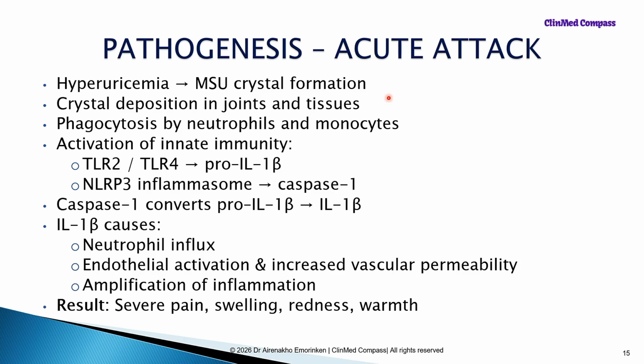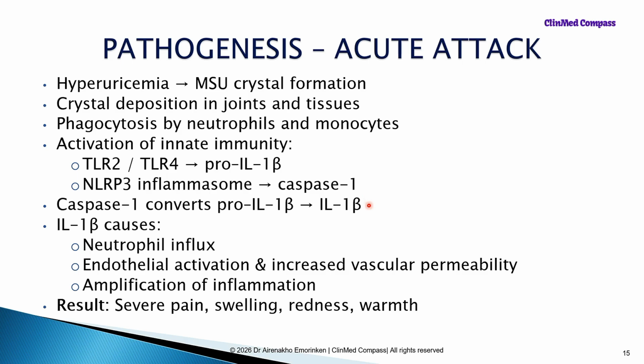Now, neutrophils and monocytes phagocytose these crystals and in turn activate the innate immune system. Specifically, the toll-like receptors upregulate pro-interleukin-1 beta, and the NLRP3 inflammasome is activated, leading to caspase-1 activation. Caspase-1 then cleaves pro-interleukin-1 beta into active interleukin-1 beta, a potent pro-inflammatory cytokine.